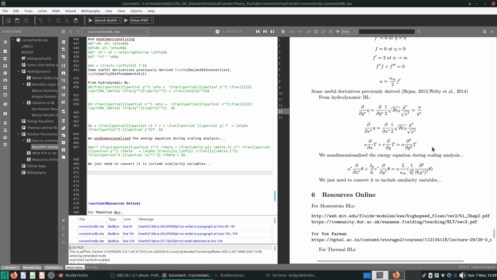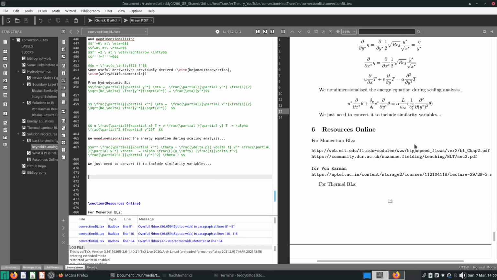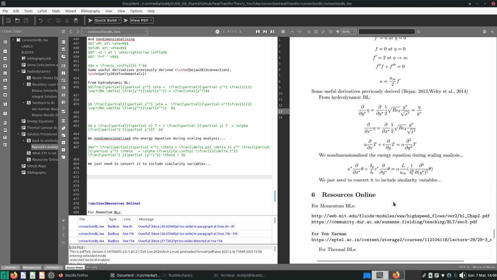Without further ado, let's just begin. Believe it or not, we may not be able to use some of these derivatives later.